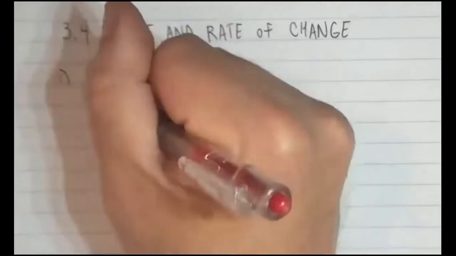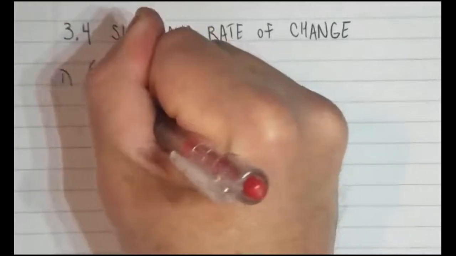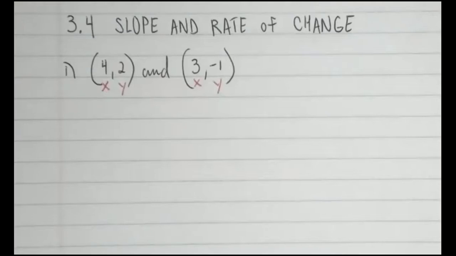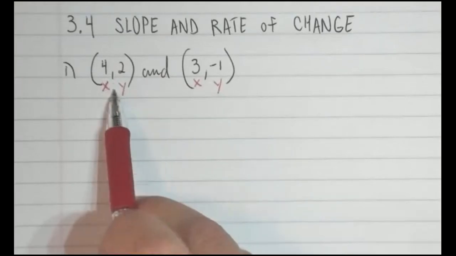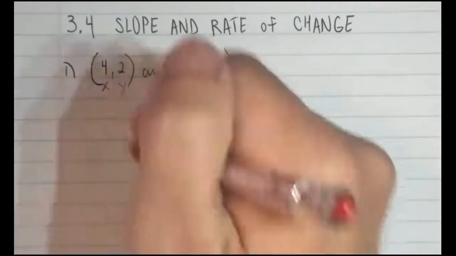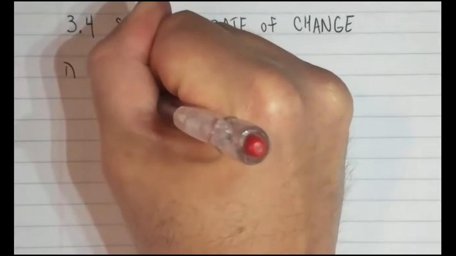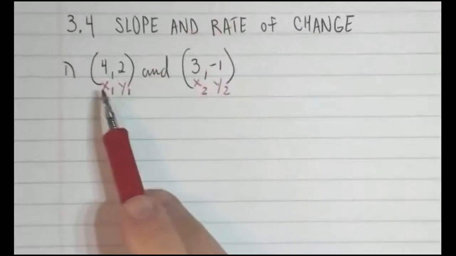So again, you have 2 ordered pairs, in other words, 2 x and y points. The first thing I would do is write x y, x y. You have the first point and the second point. This is x1 and y1, and this is x2 and y2.